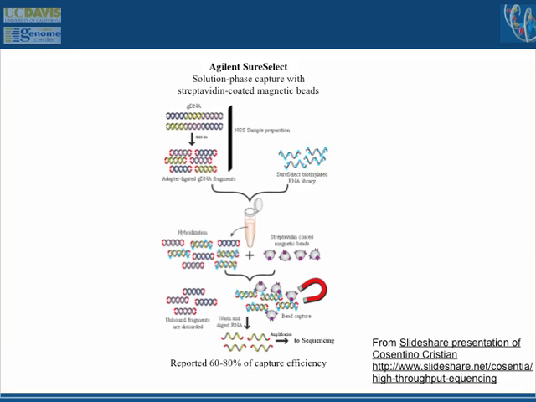Yeah, so that's what the Agilent SureSelect system is basically doing. There are a large number of kits and companies that have tried to develop methods like that, which will feed into Illumina sequencing. The one that a lot of places use is this Agilent SureSelect system, which is basically a column. Agilent is basically a primer printing company.